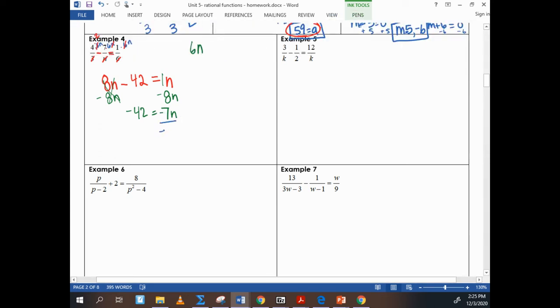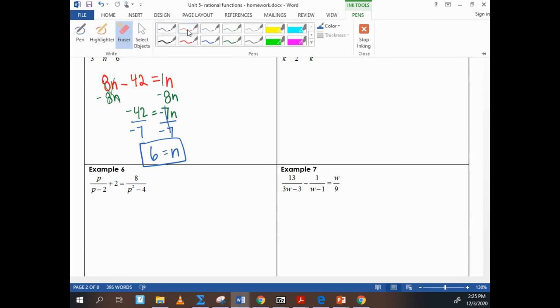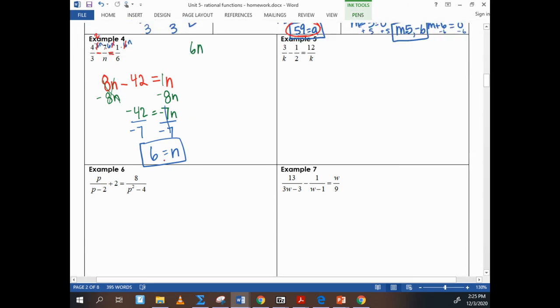And then we're just going to divide by that negative 7 because I want to know what 1n is. That'll give me n is equal to positive 6. Before you circle it, just look up here. I circled it already, I know. But you're just looking up here to see anytime you plug in 6 for n, does that make your denominator go to 0? Nope. So you're good. Go ahead and circle that.